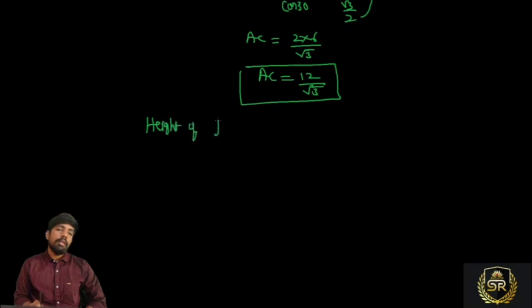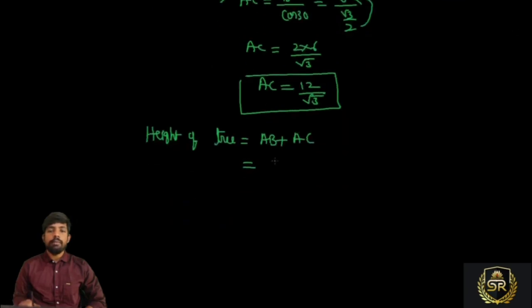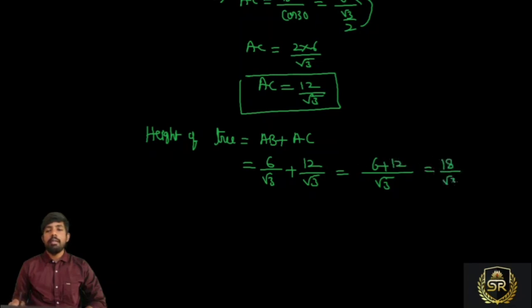Here AB value is 6 by root 3 plus 12 by root 3. Taking the common denominator root 3, 6 plus 12 is 18 by root 3.